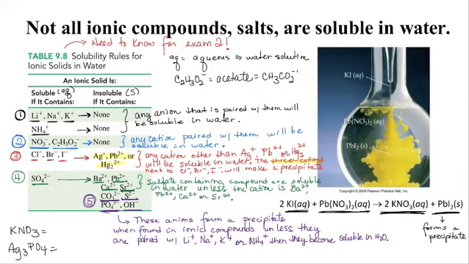Remember, if it's soluble, we put AQ. If it's insoluble, we put an S for solid. So we're doing this one, the silver phosphate. Is this soluble or insoluble? S or AQ? Remember, S is for solid, not for soluble.